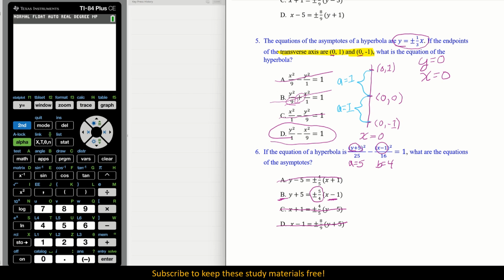Well, if you look at your properties, we know we need to associate the major axis is the y, and we need a over b. So that is correct. That gives us 5 over 4. So that verifies that B is our option.